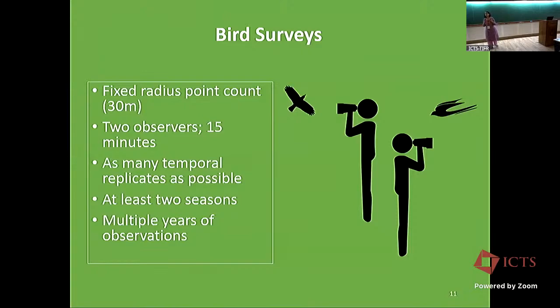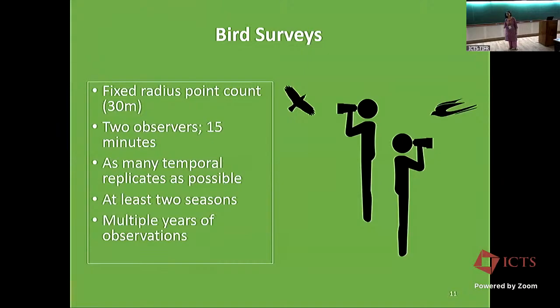So in order to understand that kind of variation and to deal with it, we need lots of replicates, right? And at least 2 seasons, winter and summer, because what happens in the winter is very different from what birds do in the summer. So again, that variation has to be taken into account.